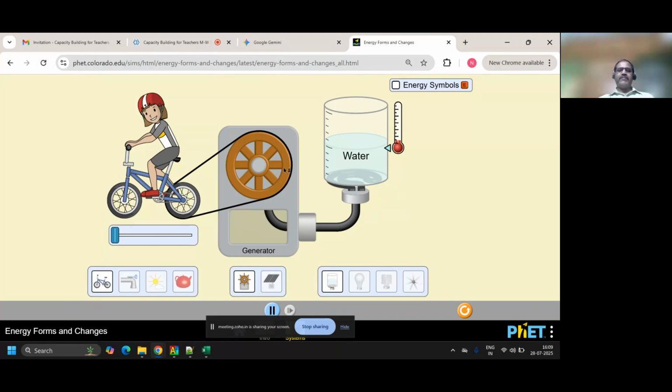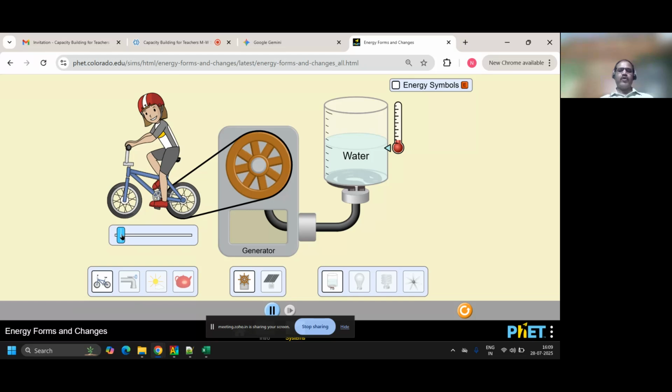In this system, you can see a wheel attached to a cycle. With this wheel, there's a generator attached to it. With this generator, there is a vessel with water, and then you can see a thermometer. Now, somebody is pedaling this. So let me do this.